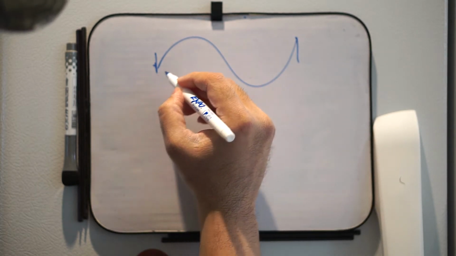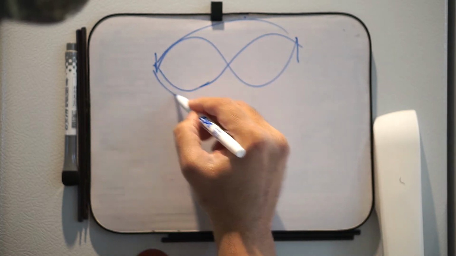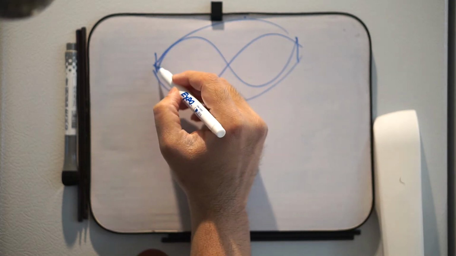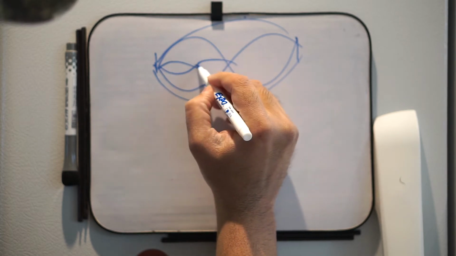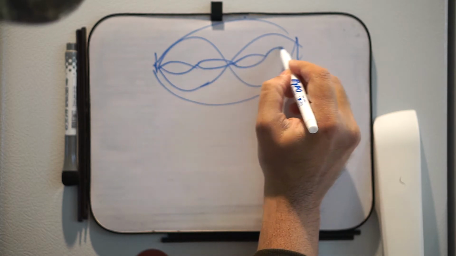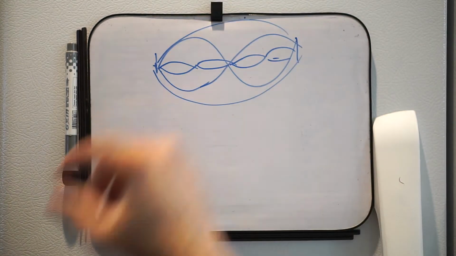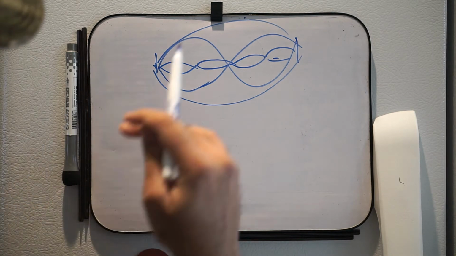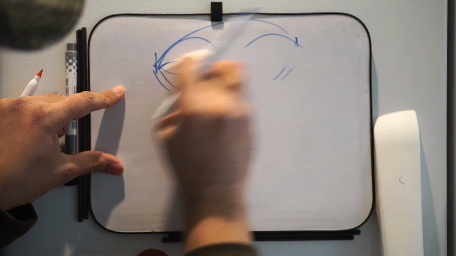A guitar string or a piano string vibrates in many different forms. It will vibrate in infinite forms at the same time, which are called harmonics. It's just really, really fast. So you'll see that a string vibrates in many different ways. It's called harmonics. So this is two-dimensional harmonics, okay?